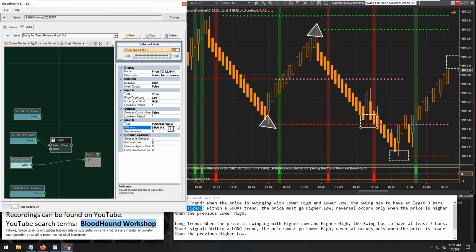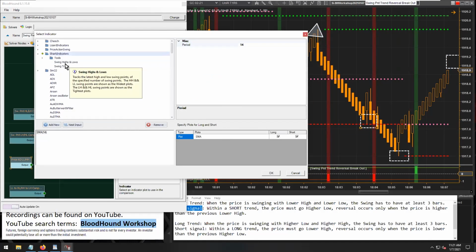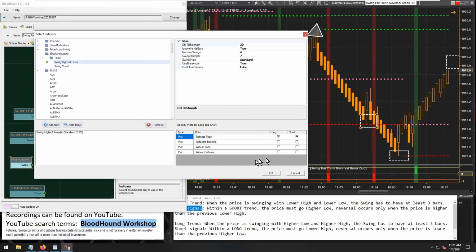All right. And now input B, that's going to be our swing indicator. Plug that in. And we're using the widest plots here.